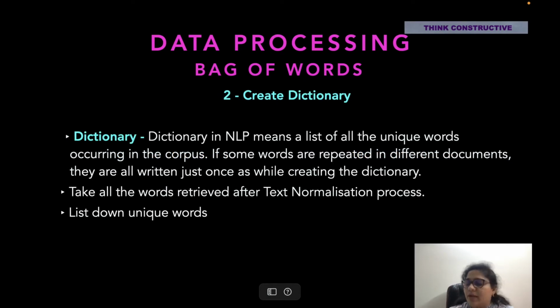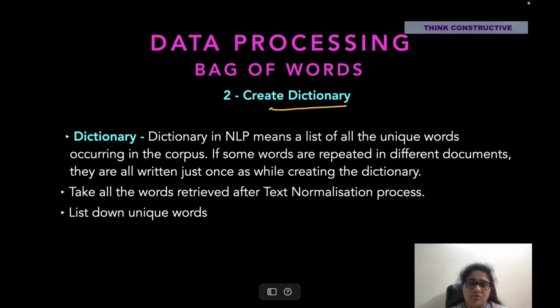Second step of the bag of words algorithm is creating a dictionary. So what is a dictionary? In terms of NLP, not a generic kind of dictionary I'm talking about. Dictionary means the list of all unique words that are coming in my corpus.